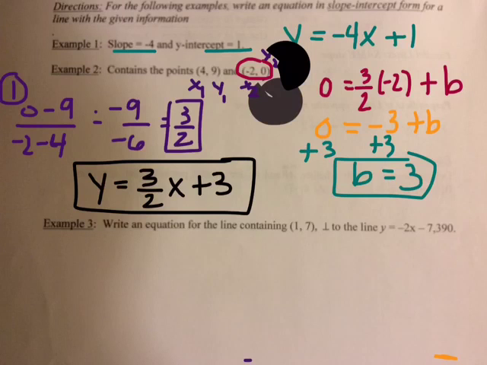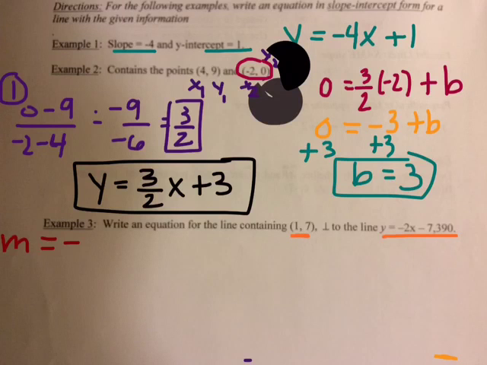Example 3 is really similar because we want to write an equation of a line in slope-intercept form that contains this point and that upside down t, that means perpendicular to this line. We already know the slope of our new line, because remember, if lines are perpendicular, they're opposite signs and flipped versions of each other.